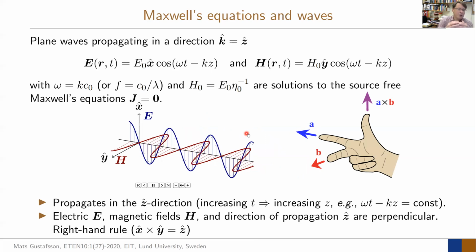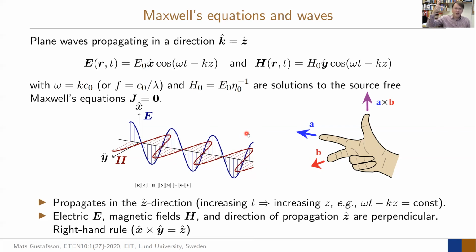And this one is now related to one of the fundamental properties, as I mentioned, this pointing vector. And that is this right-hand rule. So if you're not familiar with this cross product, what you need to know about it is that if you take your right hand, the fingers are in an ordered fashion here.